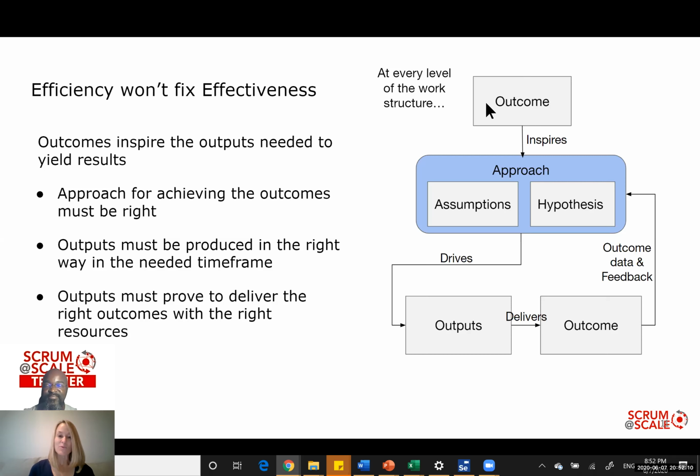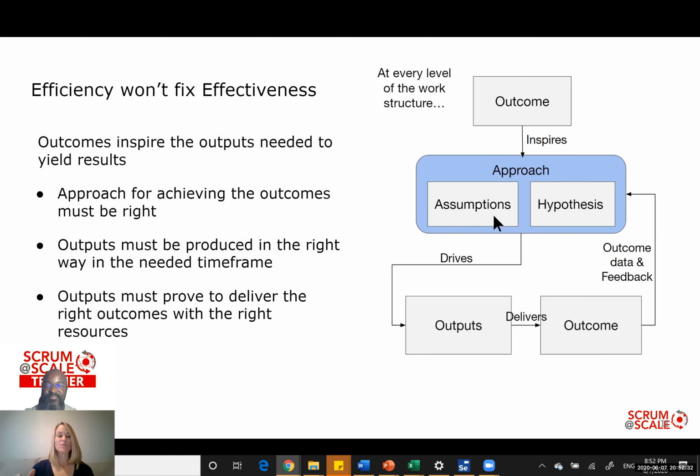You have to come up with an approach to how you want to achieve that outcome. For that approach, you do your market research, you do your homework and come up with as much information as you can, but you're going to have to make some assumptions because you're not going to have complete information.